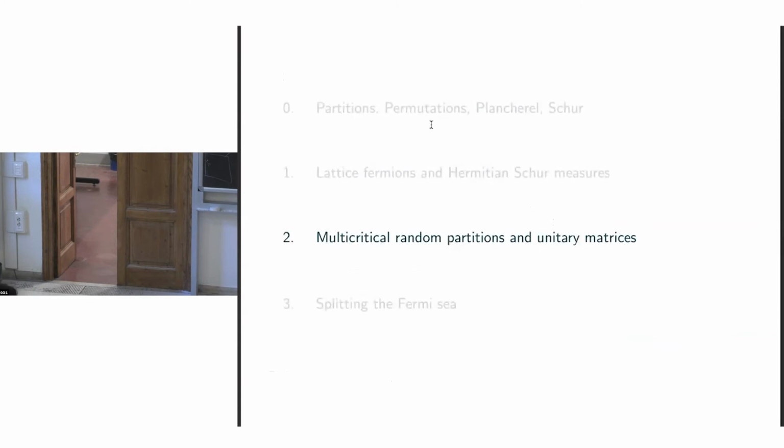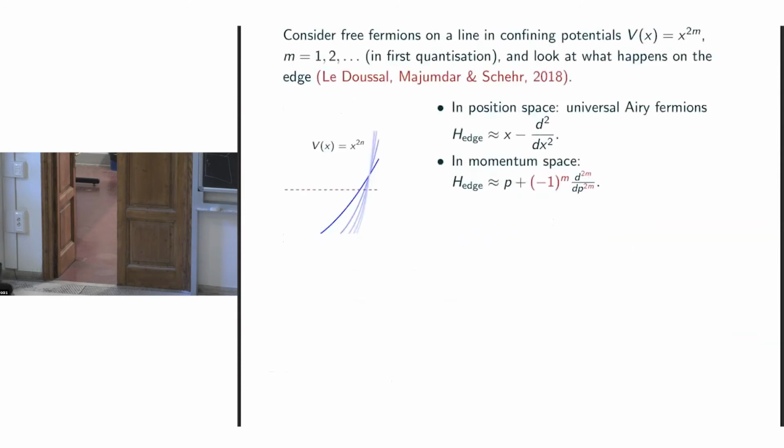So to look at the justification for why we want to go beyond this Plancherel case, we were motivated by this paper by Pierre Gagnon and Satya Majumdar, where they considered what else can happen for fermions on the real line in confining traps. So here they're in continuous space.